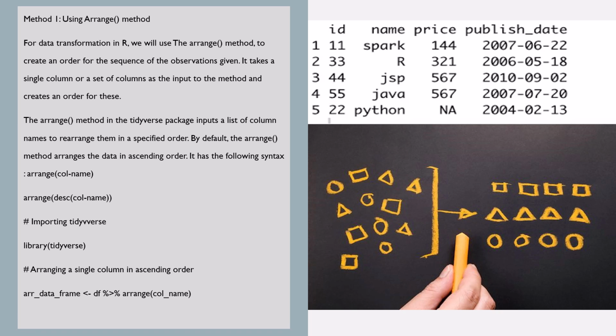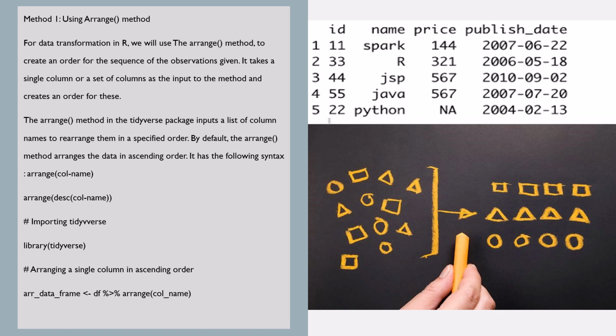The first method would be arranging a data frame. For data transformation in R, we will use the arrange method to create an order for the sequence of observations given. This takes a single column or a set of columns as input to the method and creates an order for this.